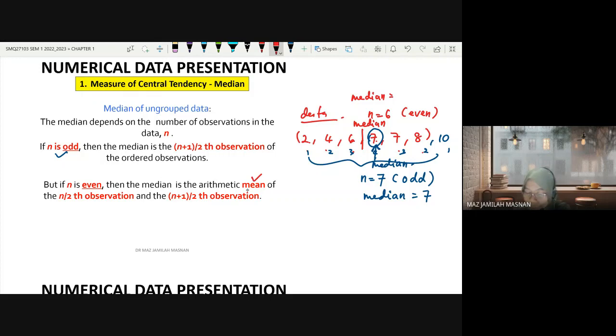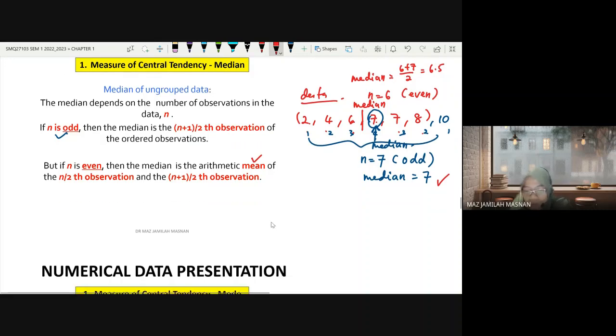So you take 6 plus 7 divided by 2. You get 6.5. So for the first data, the even data, you get 6.5. If you have the odd data, you will get 7 for your median. As simple as that. If you have any question, just stop me. Otherwise, I'll just go ahead.